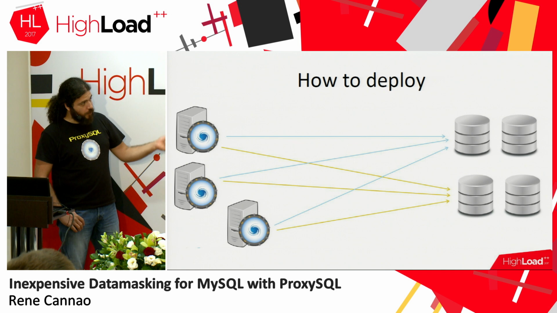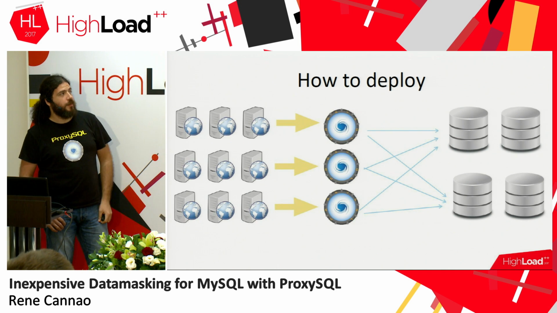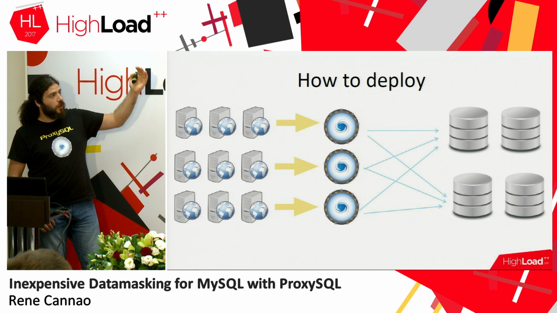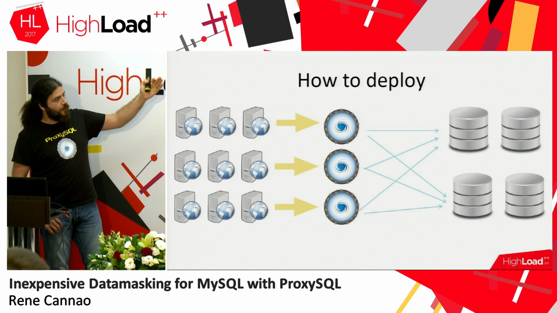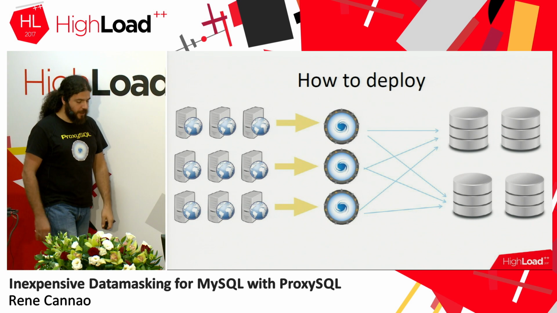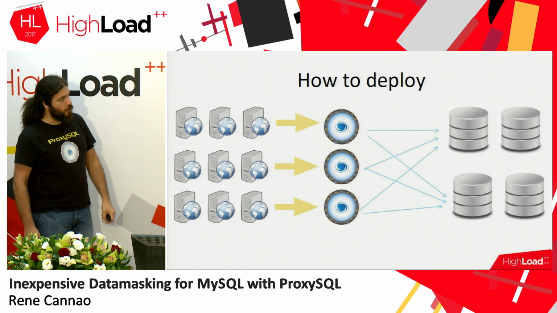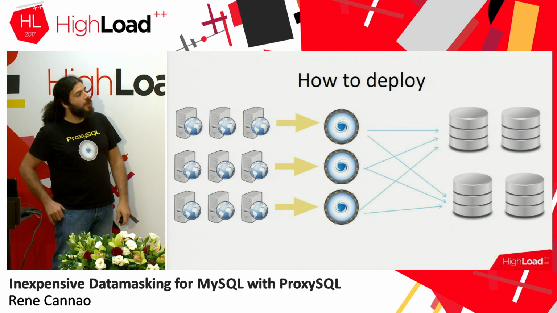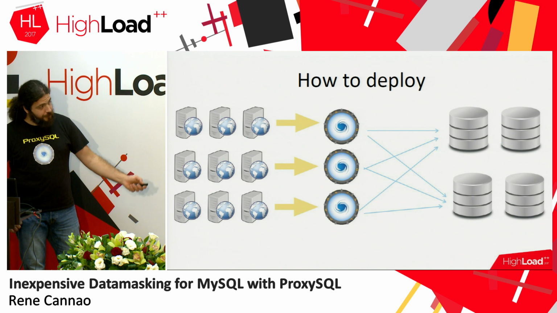This is one example. This is another example in which you have a silos approach. You have multiple servers communicating with one proxy, creating some silos: a group of application servers that communicate with one single proxy, and then this single proxy is responsible for reaching the right database server.